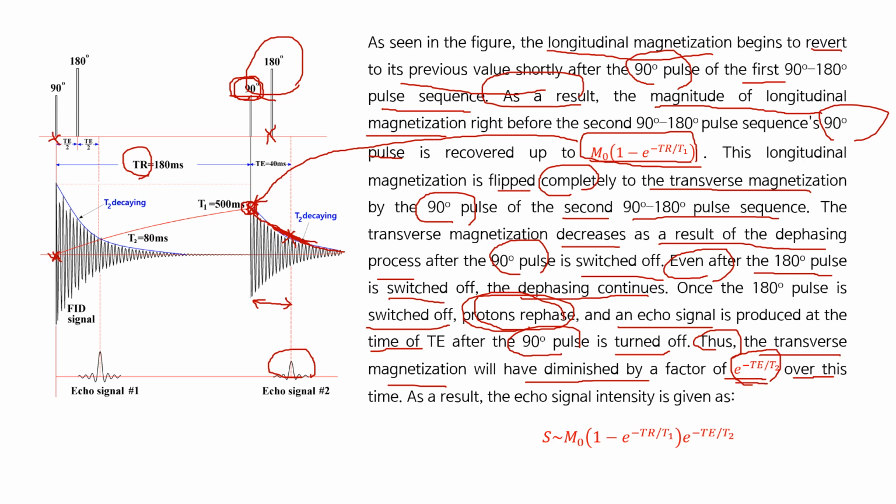As a result, the echo signal intensity is the product of this value and this value. So the echo signal intensity is obtained by this expression.